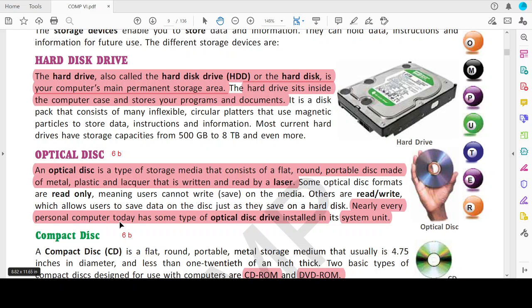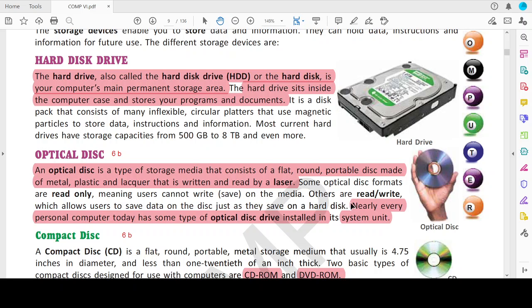Nearly every personal computer today has some type of optical disc drive installed in the system unit. So they are already present in the CPU cabinet or the system unit of the computer. If you don't have one, you can use an optical disc drive in the form of a USB, which is attached to the computer as an external drive using a USB port.